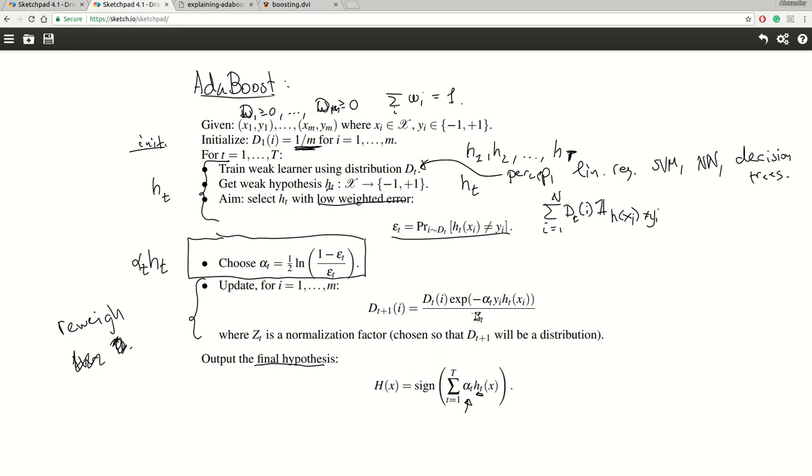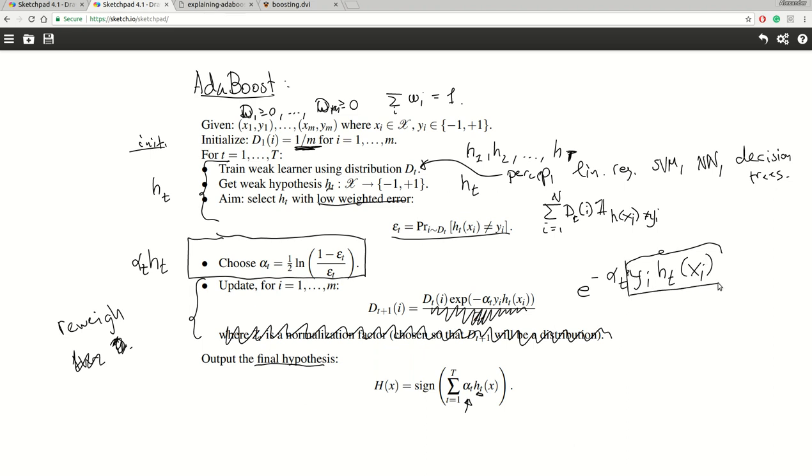Let's think about what this says, and for now we'll not care about the normalization term. What does this say? Well, it says we take the old weight we had on the point, and then we multiply by e to the minus alpha_t y_i h_t(x_i). So let's think about what this is.